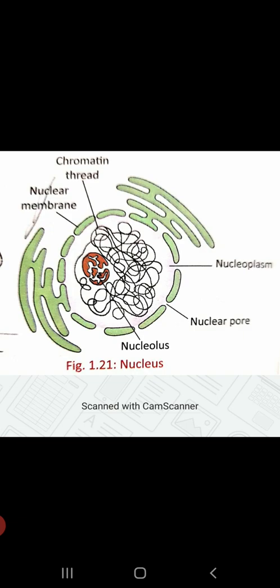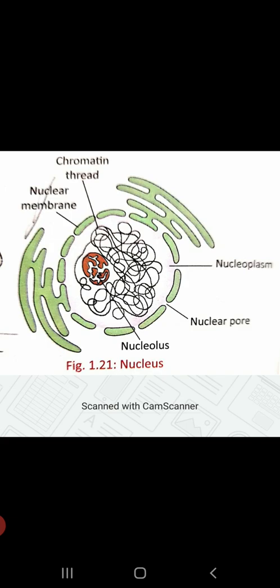Now this is the magnified diagram of the nucleus, children. Here you can see the nuclear membrane. Then you have nuclear pores present. You have the nucleolus present here. And in place of chromosomes, there is a chromatin thread. So that is about the figure of the nucleus.